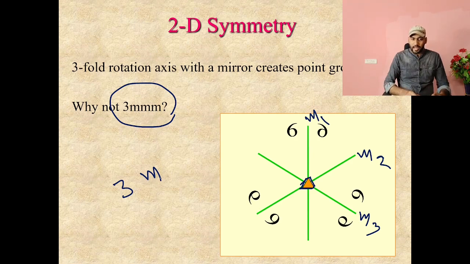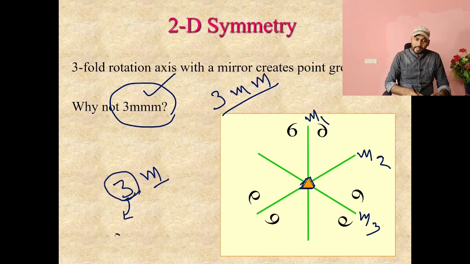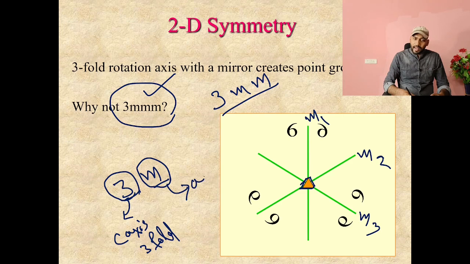We don't have a point group named 3mm or 3mmm. We have 3m. Why? This 3 represents the C axis, which is the threefold rotation axis, and this m is for axial mirror planes.